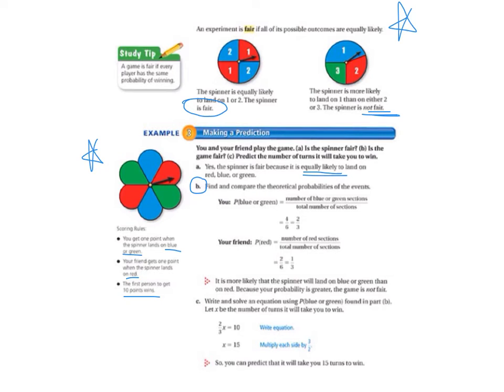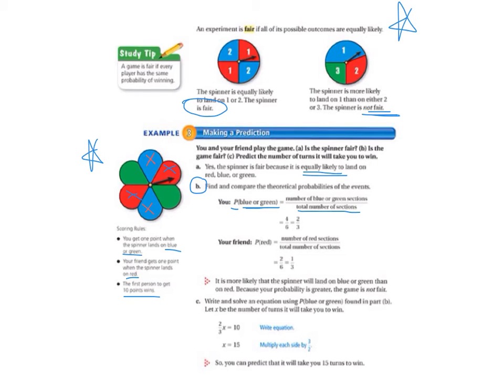So for us, the probability of it landing on blue or green equals the number of blue or green sections over the total number of sections. So we have 4 blue or green sections. There's 1, 2, 3, 4 blue or green, and there's a total of 6 sections altogether.